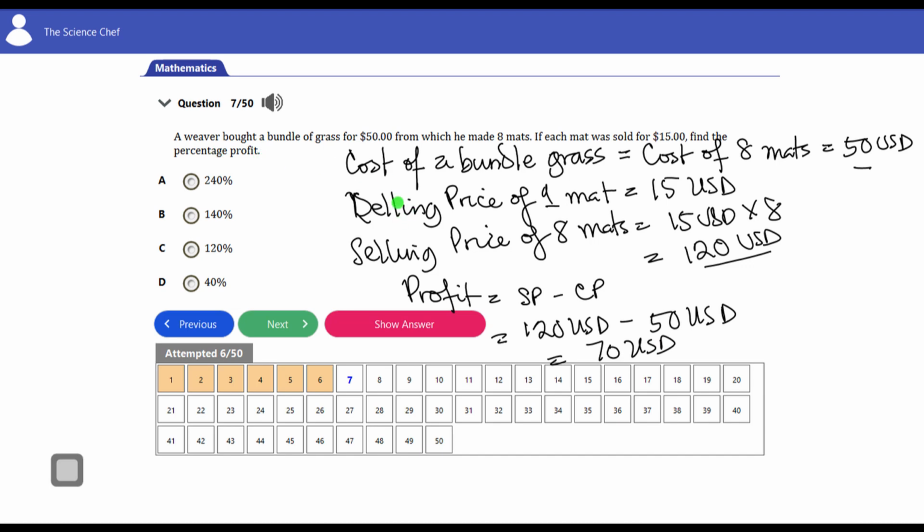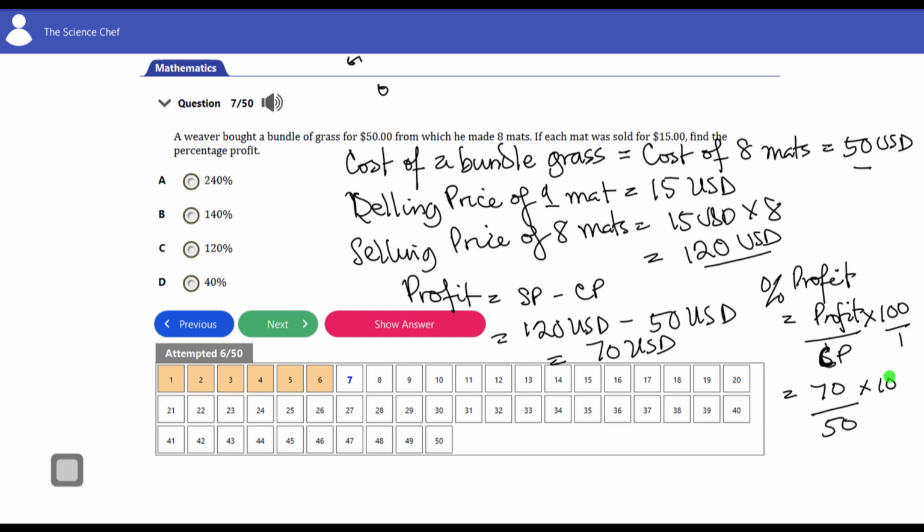But we are told to calculate the percentage profit. Percentage profit is calculated as what? Sorry, profit over cost price, not selling price. Profit over cost price times 100 over 1, that's 70 over 50 times 100 over 1.